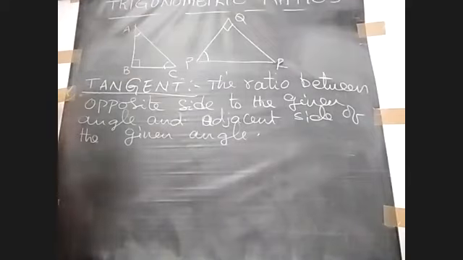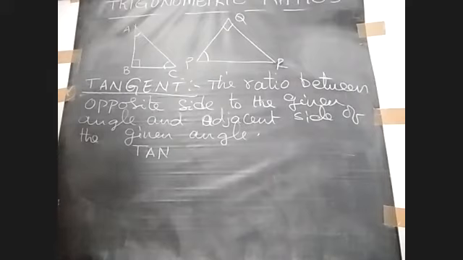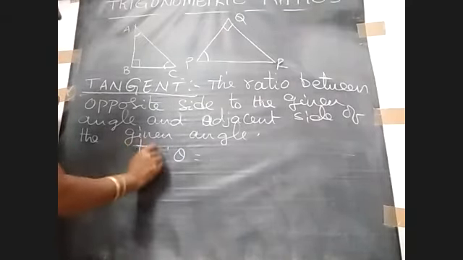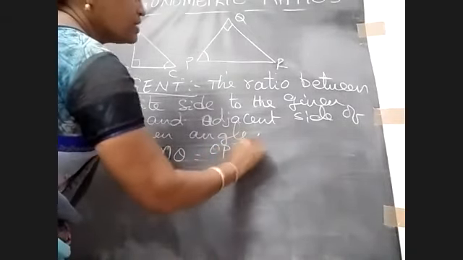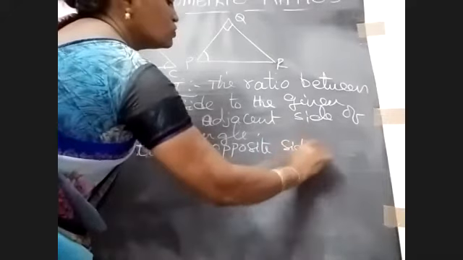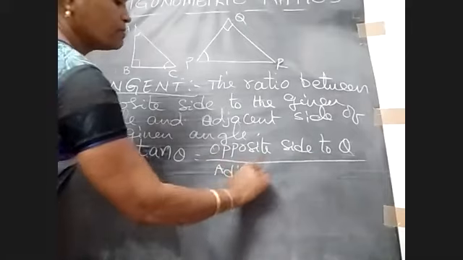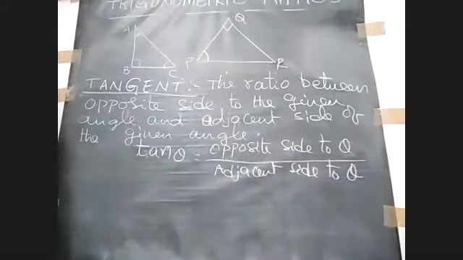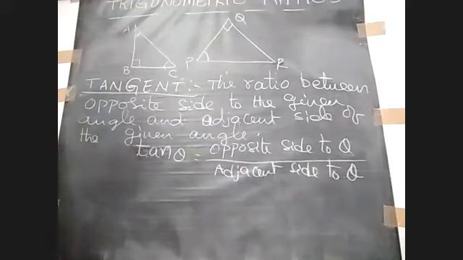Tangent is also written as tan. Tan theta is equal to the opposite side to theta divided by the adjacent side to theta. So this is our tan theta formula.